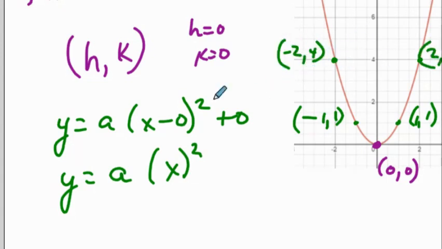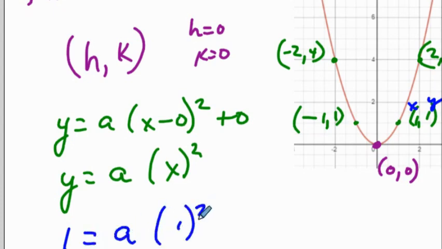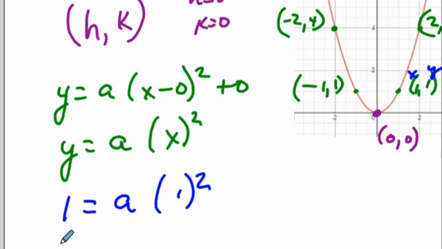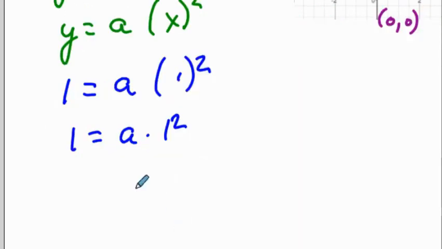I could pick any of these points, but I'm going to put these numbers into our function. If this is x and this is y, I'm going to say y is 1. I don't know a. x is 1. Now we can solve the equation. 1 equals a times 1 squared, and 1 squared is just 1, so this is 1 times a.